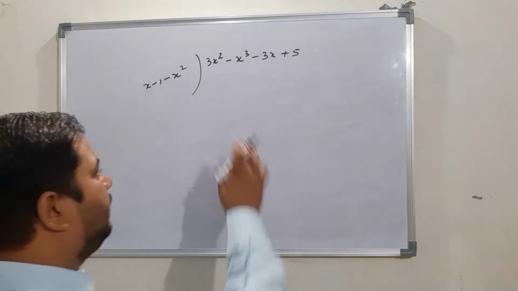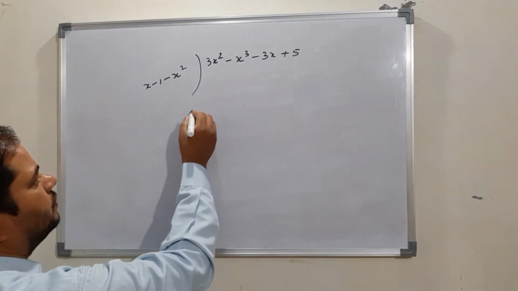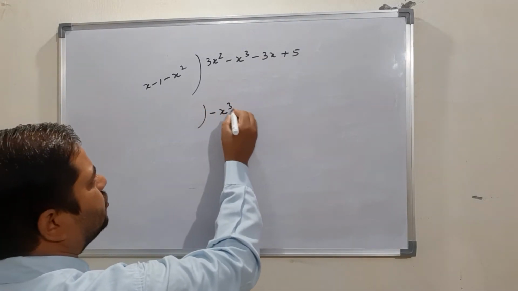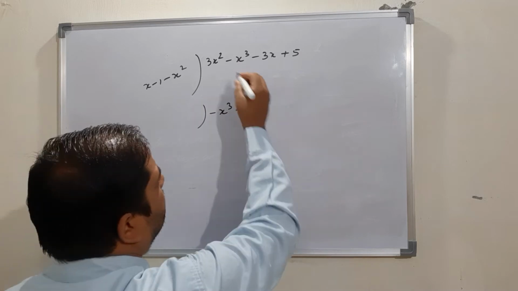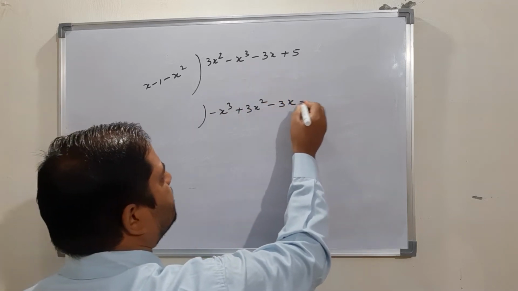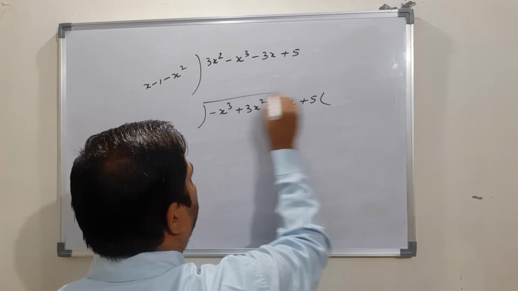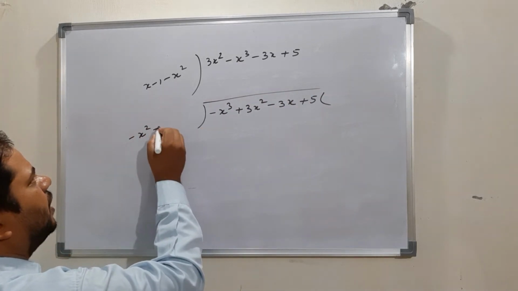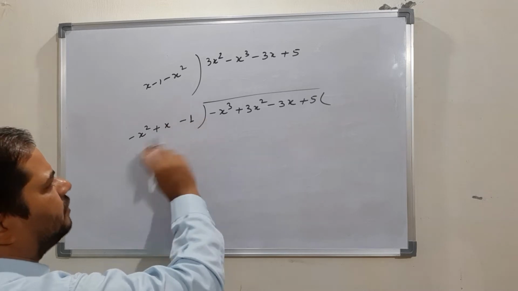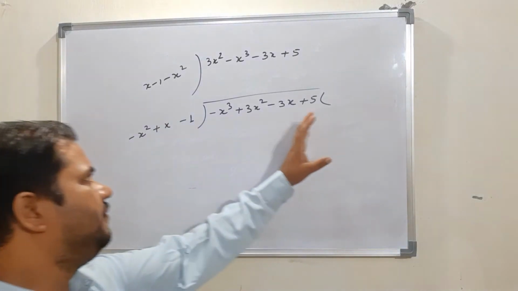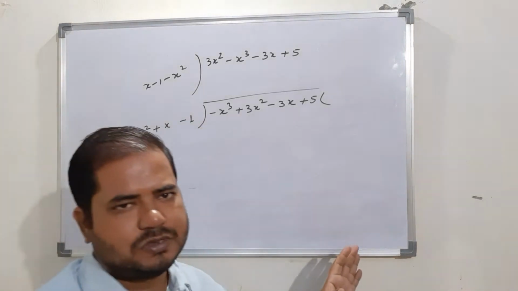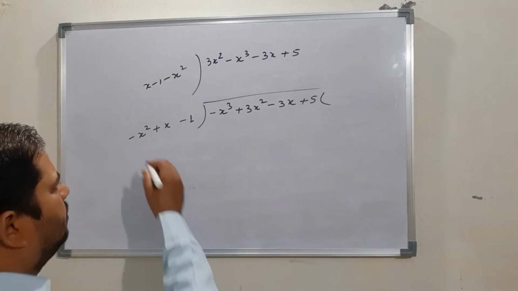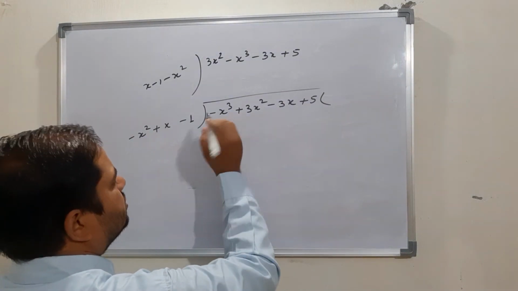So see, first of all we rearrange it. We can write it as minus x cube plus 3x square minus 3x plus 5, and it should be divided by minus x square plus x minus 1. The same thing is written, only rearranging the terms. So first of all, this is minus x square, this is minus x cube.